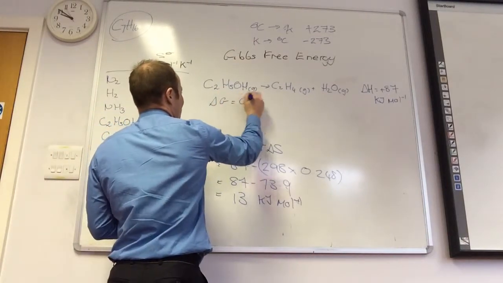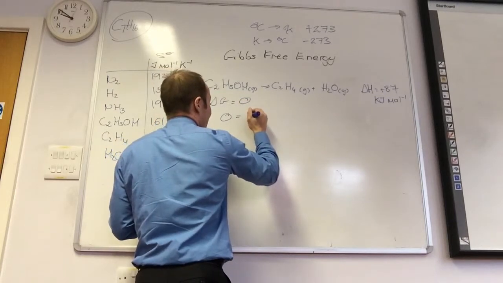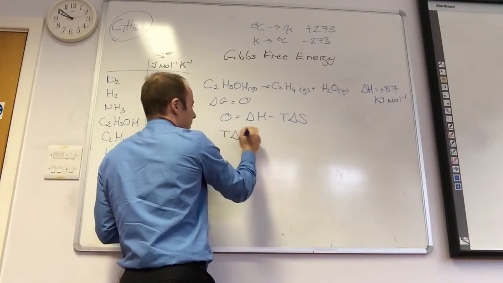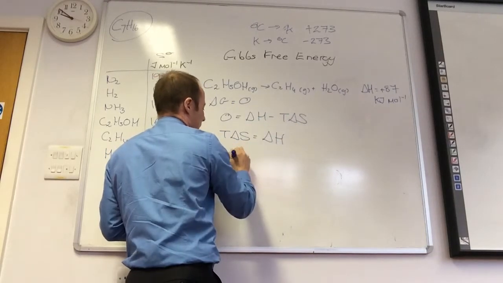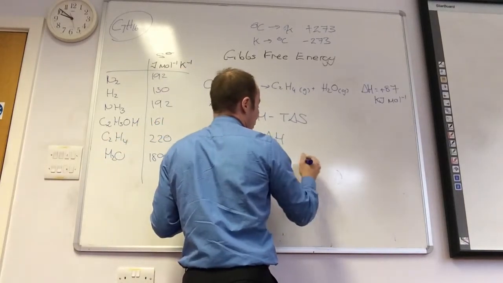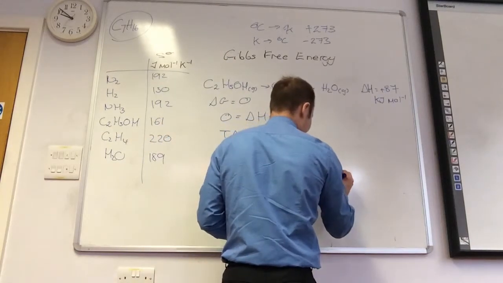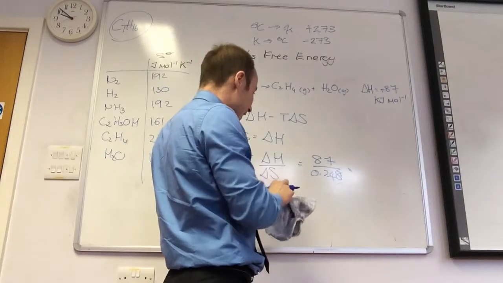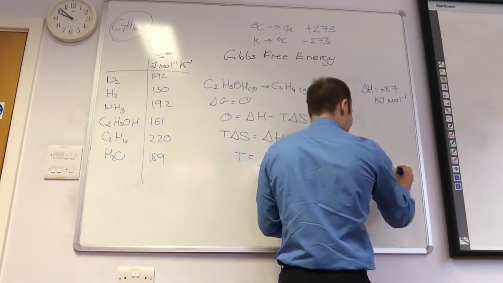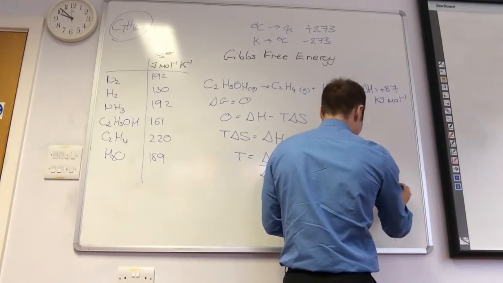So 0 equals delta H minus T delta S. You can just rearrange that straight away to give T delta S is equal to delta H, so T is equal to delta H divided by delta S. Delta H is 87, delta S is 0.248. So 87 divided by 0.248 equals 351 Kelvin, minus 273, which equals 78 degrees C.